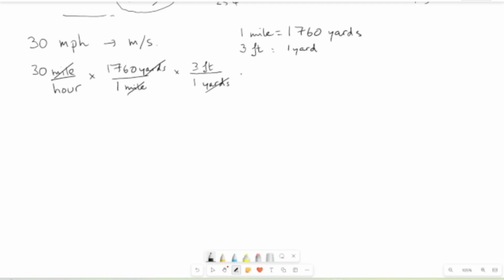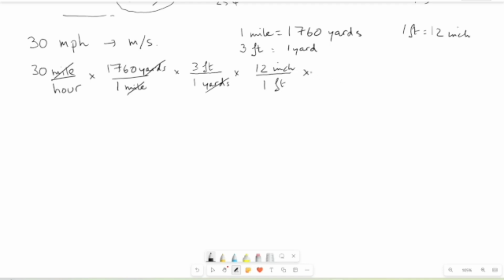Now I've got feet. I need to cancel feet. What am I going to do for feet? Well, 1 foot is 12 inches. So I can do that. Now foot's on the top, so I need to put my version over here with it on the bottom, with its number. That's 1 foot, 12 inch on the top.